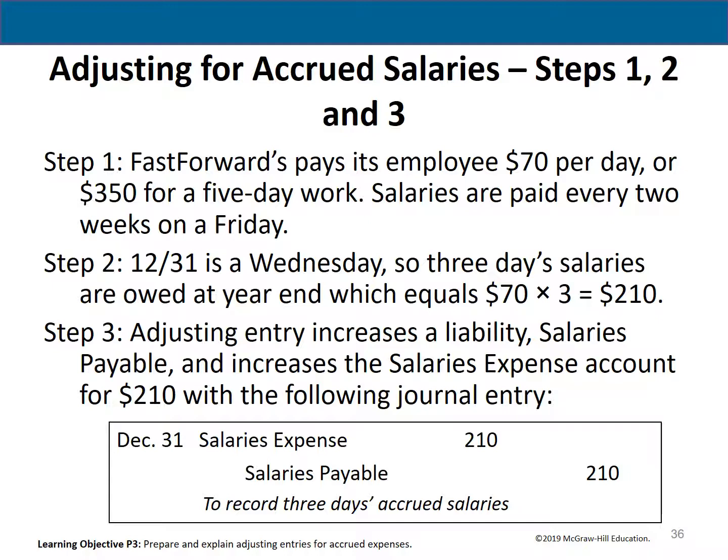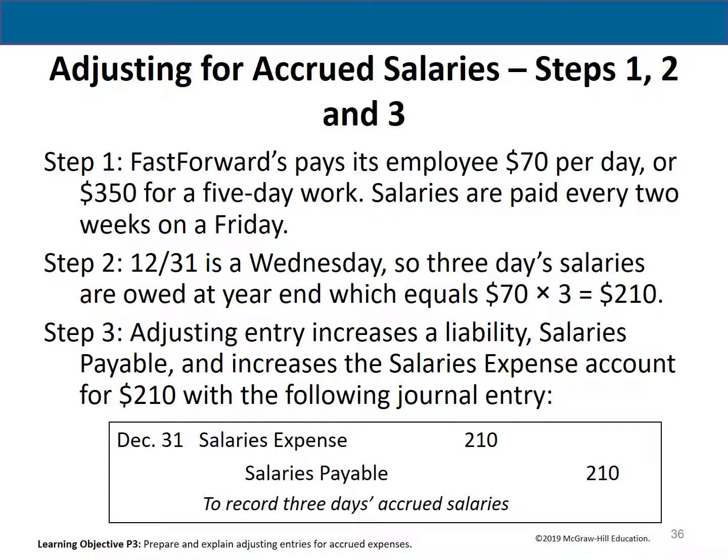So what this is saying is, it doesn't matter when we pay our employees. What matters is, when did they do the work? And it's the time period that they do the work that we call it an expense. Most of the time, when we pay our employees, the time they worked and the day we pay them fall in the same accounting period. But that's not what's happening here.